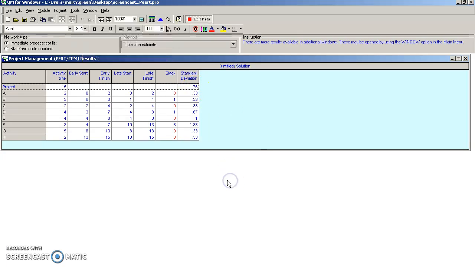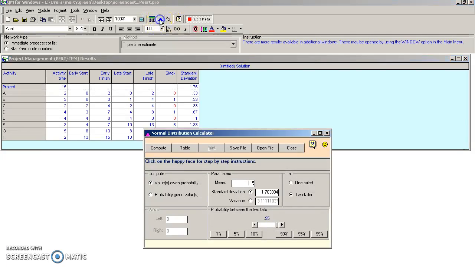And now we can also do something else. We can go in, click on this little blue bell curve. Automatically, it will load the 15 for our mean. It'll automatically load up our standard deviation. See it right there, variance for that matter. What we want is the probability given values. We want a one tail.